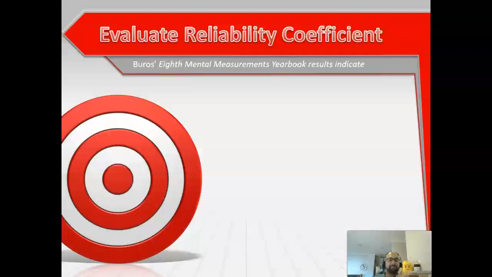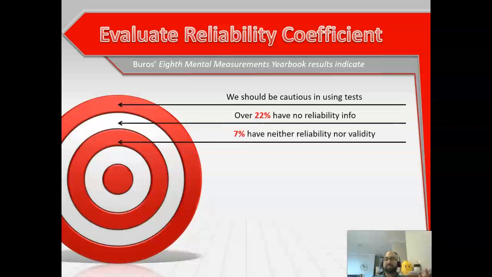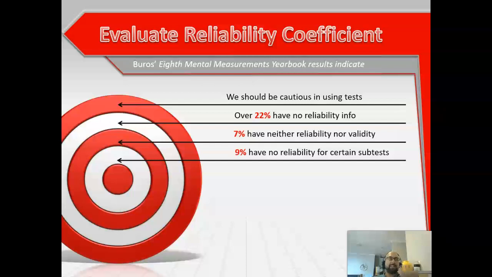And class, one thing you'll realize as you start preparing for your selection package assessment is that not all selection tools and the companies that develop them are forthcoming about reliability information. What we find is that over 22% have no reliability information, 7% present nothing about reliability or validity, 9% will have reliability but not for certain subtests, and 28% have no normative data, so you have no norm comparison.